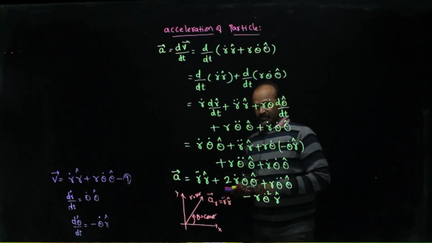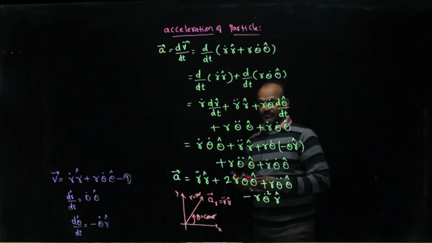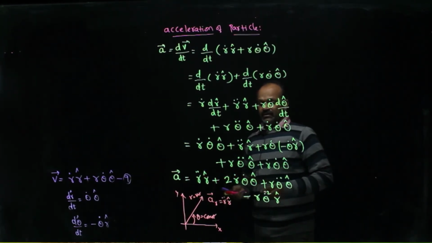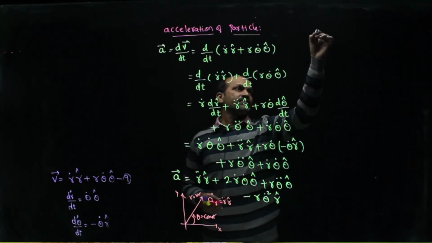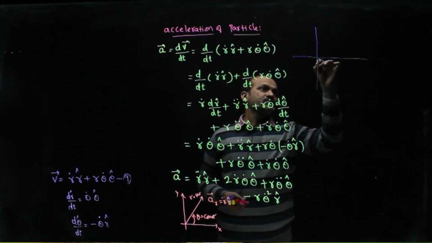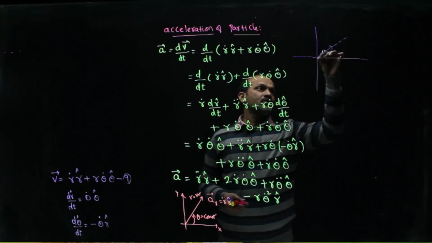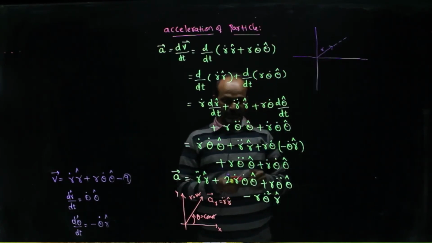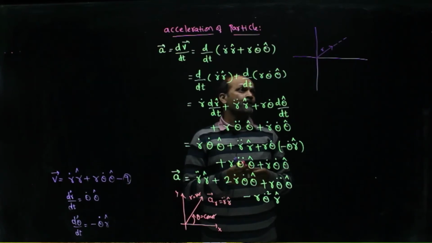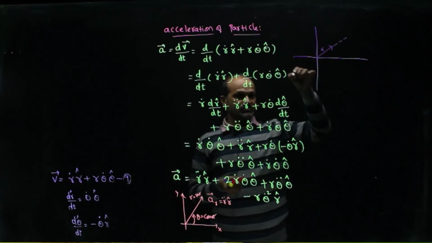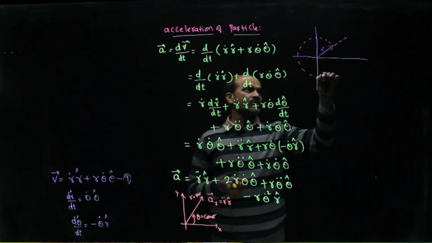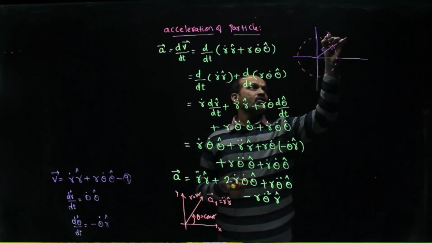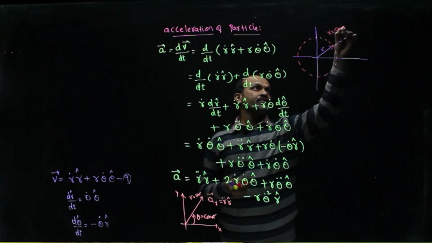Now the second thing we'll see. Now we make r constant and theta varies. If I draw a graph over here, say this r is constant. When I vary theta, the particle moves in a circular path. In this case, r is constant and theta varies.